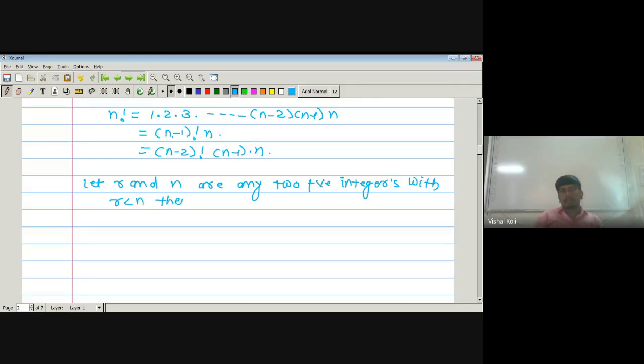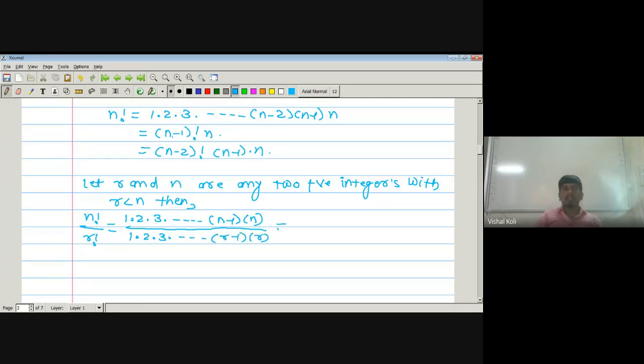Then n factorial divided by r factorial is nothing but the product of n consecutive integers starting with 1, that is 1 into 2 into 3 up to n minus 1 into n, divided by 1 into 2 into 3 up to r minus 1 into r.